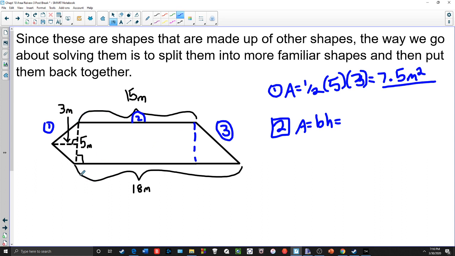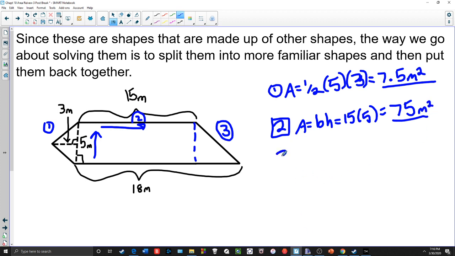I wouldn't even do 15 times 18 anyway, because those are both going the same direction. For a rectangle, you need a base and then a height in the opposite direction, not the same way. So I would be using 15 and 5 as my two numbers, because that's my baseline and my height line that form the rectangle. So 15 times 5 gives you 75 meters squared too, if you want to label it as you go, which is fine.